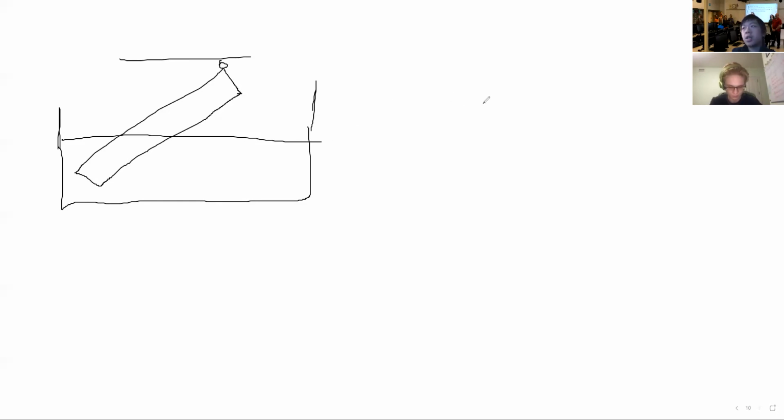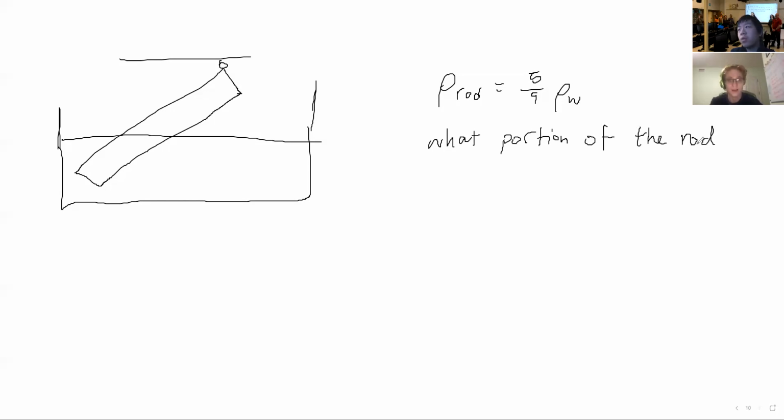It gives that the density of the rod is equal to 5/9 times the density of the water. So at equilibrium, what portion of the rod is above water?